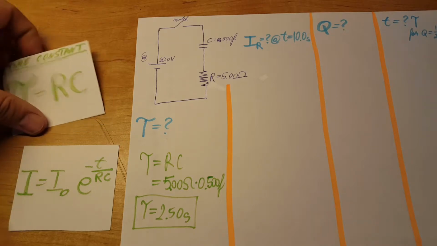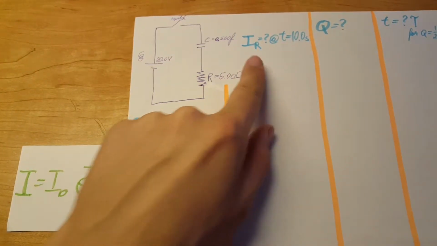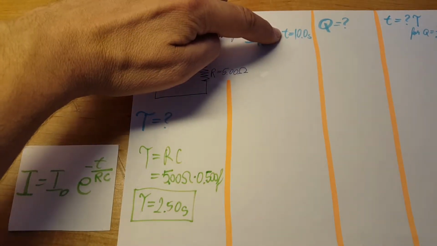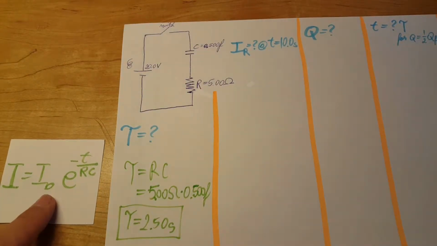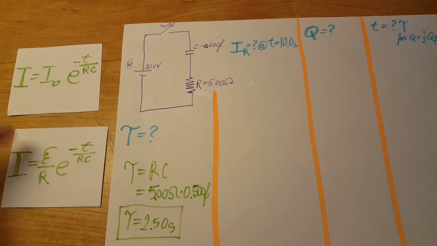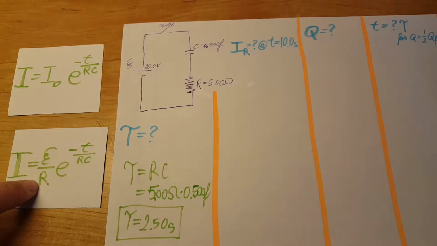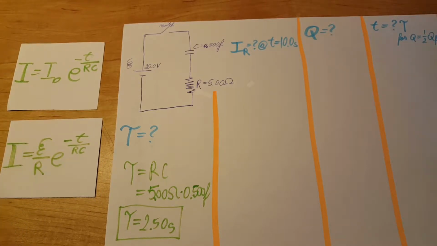Okay, the second part wants us to find the current in R after 10 seconds. So we're gonna use this formula for that, but we're gonna use a different version of it. We're gonna substitute I for E over R, and this way we can substitute stuff in easier.